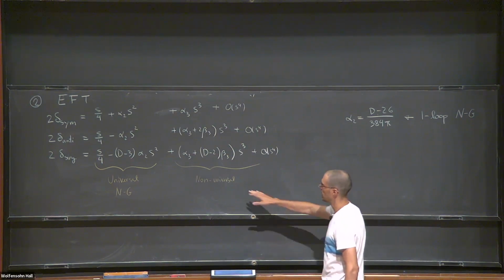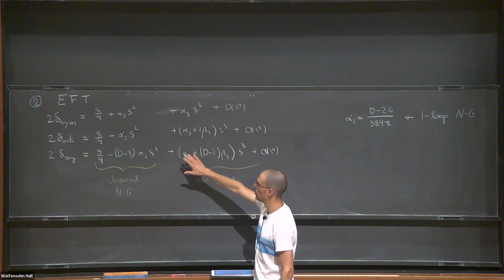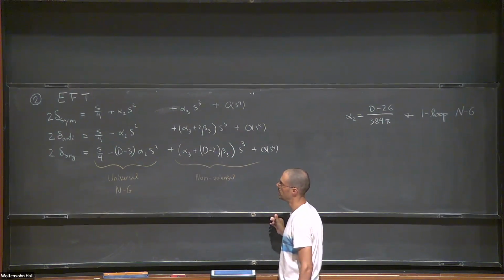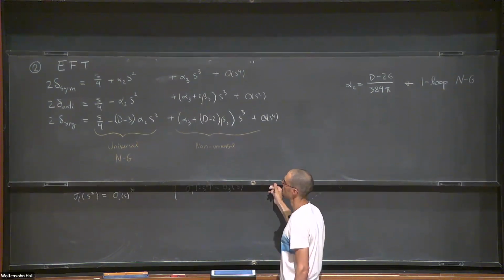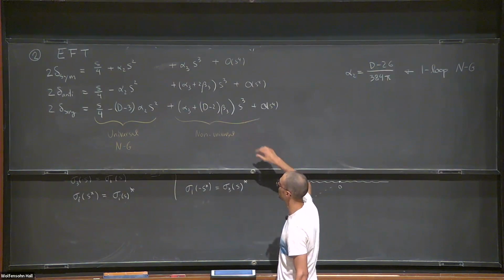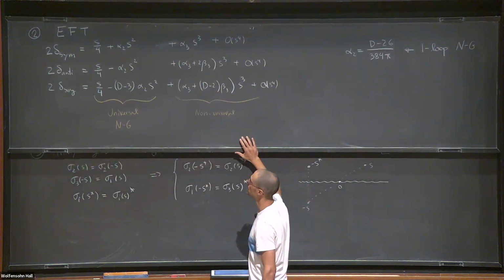Of course, the low energy effective field theory is also constrained by crossing. So this type of relations, what appears in one and the other, is also constrained by these crossing conditions here.